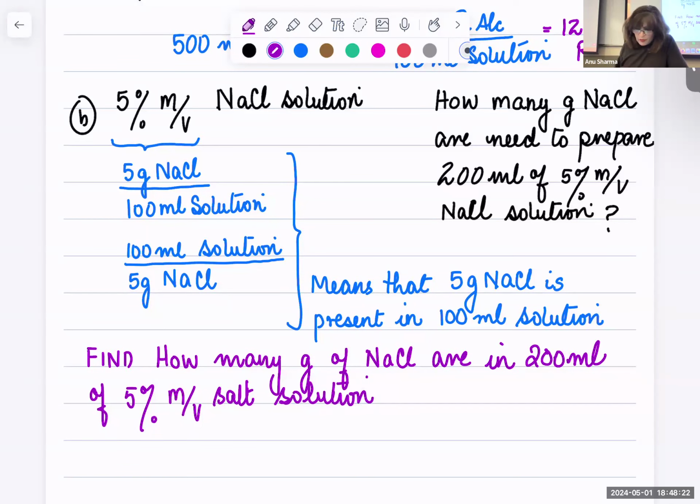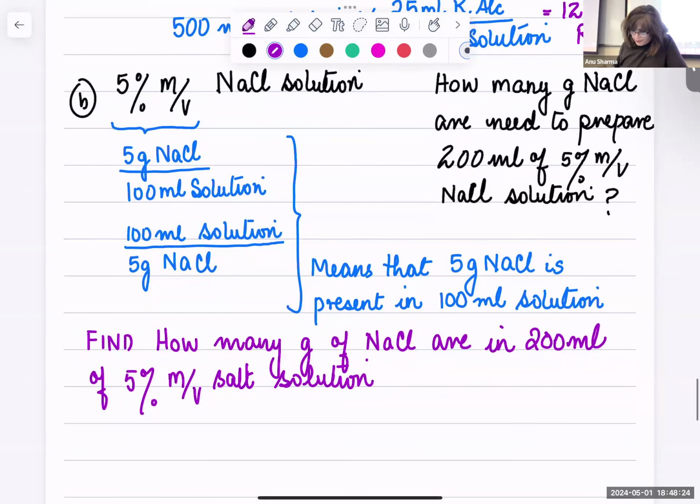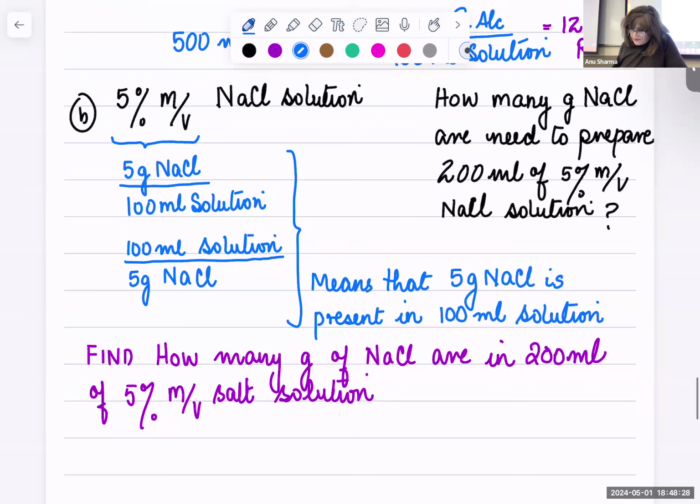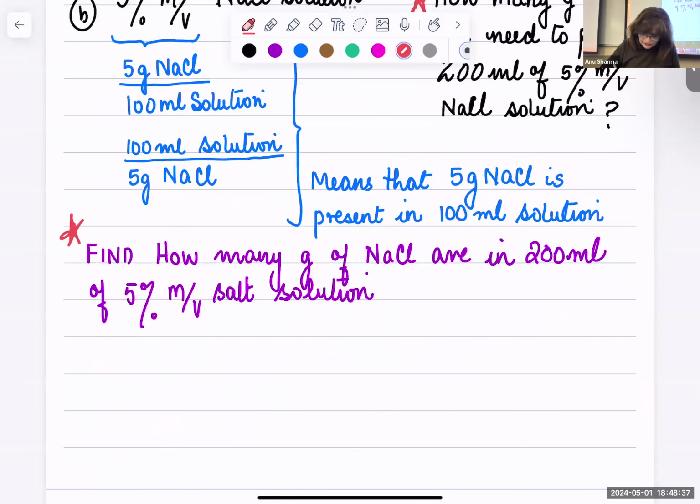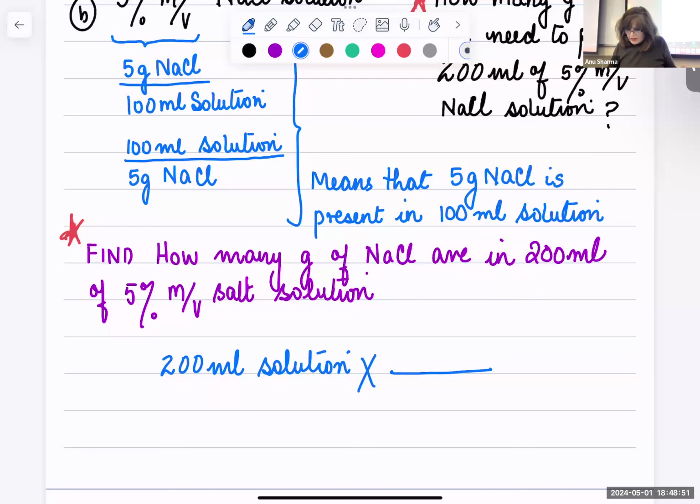So you see that you're not doing any moles or anything in these types of problems. We are just looking at volume. The question is just worded a little bit differently. This wording and this wording still mean the same. So you will set it up like this. You write down 200 milliliters of the solution, multiplied by, we need to find the grams, right?